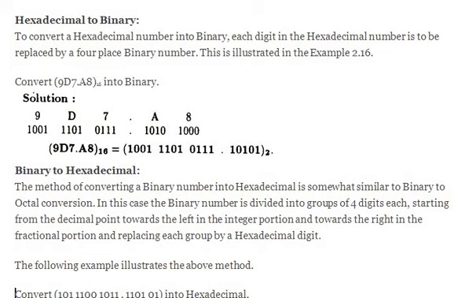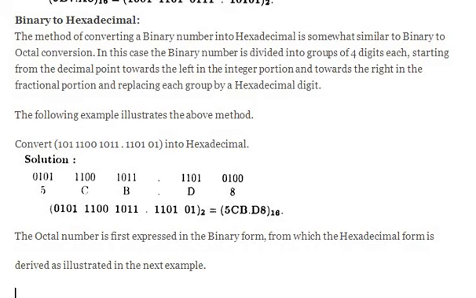So 9 is 1001 and D is 1101 and 7 is basically 111. You add 0 in front as we need 4 digits to be considered here. 7 is 111, you just put 0 in front, and A is 1010 and 8 is 1000. Hexadecimal to binary: each and every digit is treated as a decimal and converted into binary.